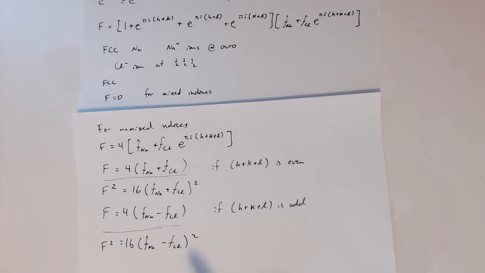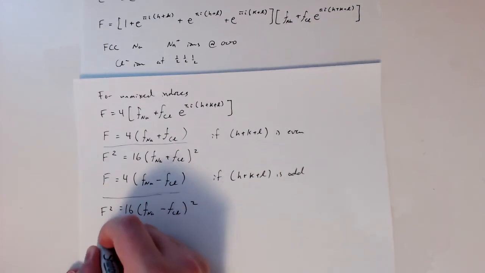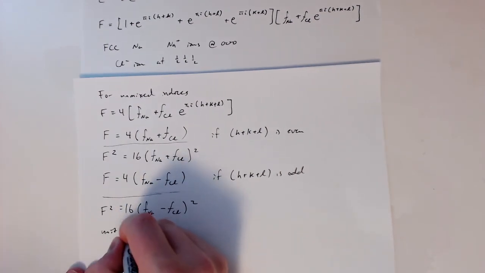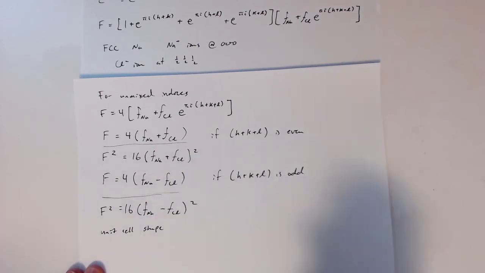All right. One last thing I want to mention about these structure factor calculations is, as you're going through this, one thing that you'll hopefully note is that nowhere was there anything about the unit cell shape.